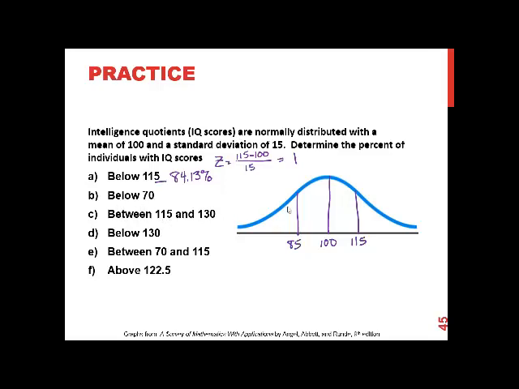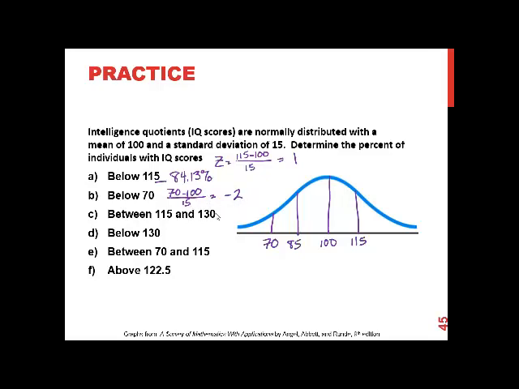Alright, let's look at below 70. So that's going to be this area down here. And 70, if we find its z-score, take the data value 70 minus the mean 100, divide by 15, we get negative 30 over 15 is negative 2.